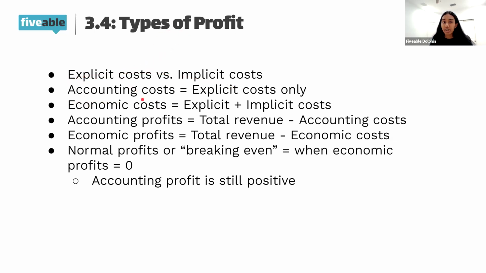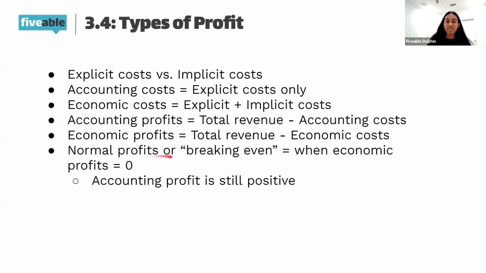Accounting costs only look at explicit costs, but economic costs, which is what we mainly use in economics, are explicit plus implicit costs. And firms look at economic costs more than accounting costs. Accounting profit is total revenue minus accounting costs, and economic profit is total revenue minus economic costs.